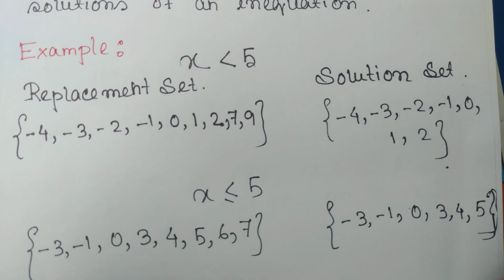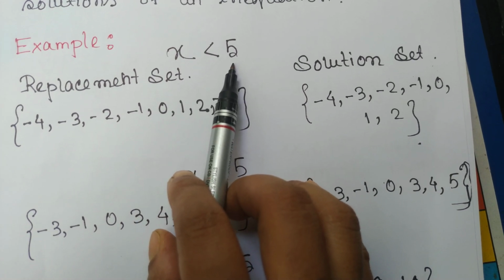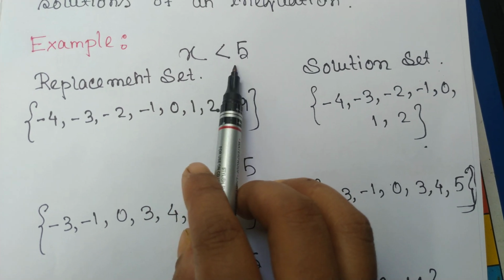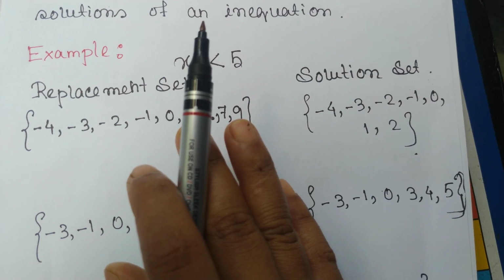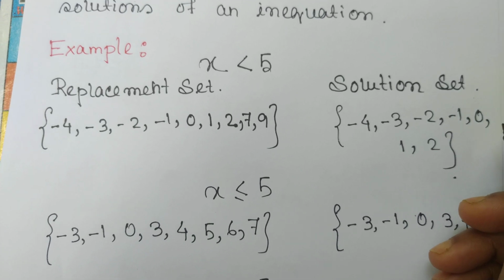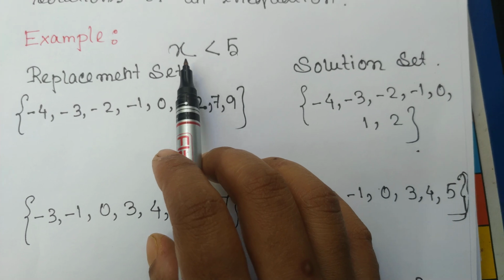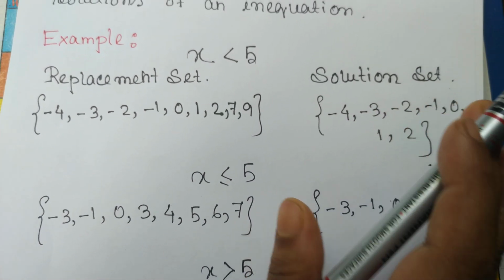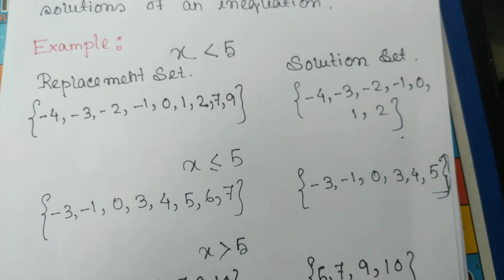Now let me give you an example. Here I have written x less than 5. When I write x less than 5, that means the values of x are less than 5. You don't need to worry, the replacement set will be given. Then only can we find the solution set, otherwise we cannot.